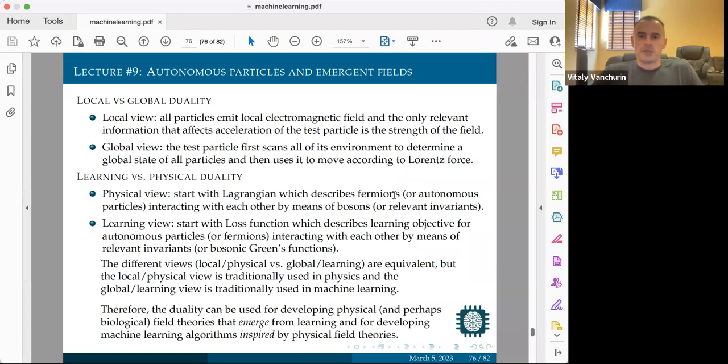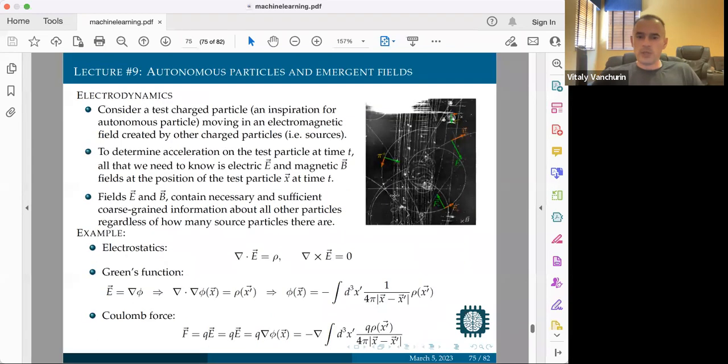Now, if the car was to move according to the Lorentz force, then the relevant information would be exactly the electric and magnetic field. But in general, this global view can be something else, and there may be some other relevant information that is not the one that I wrote on the previous slide. And as we will see, it will be different from this. So the invariance will not be this.